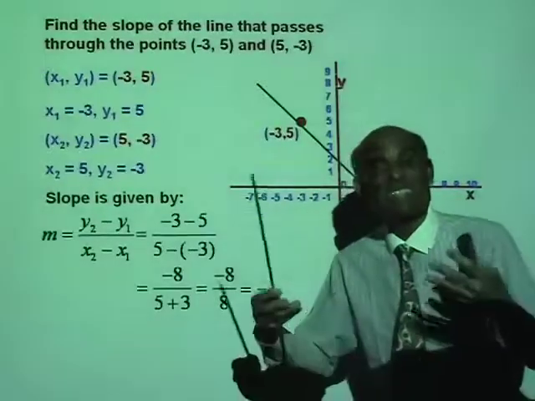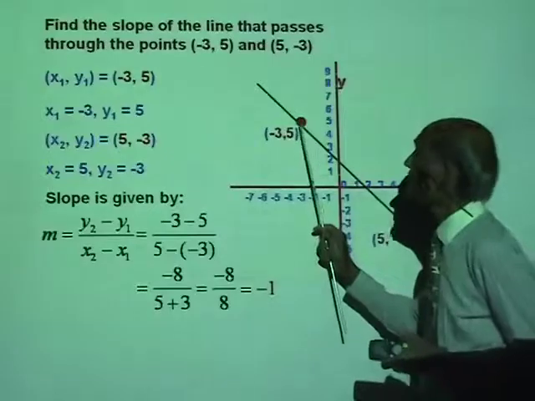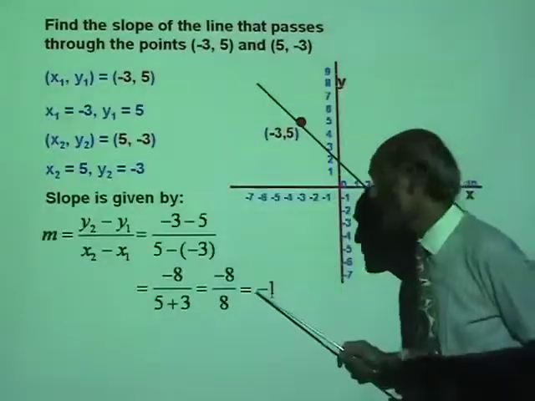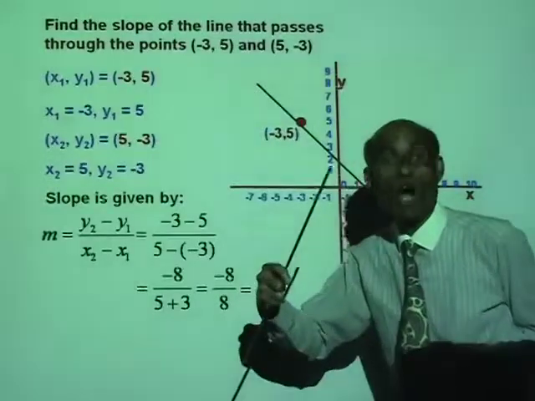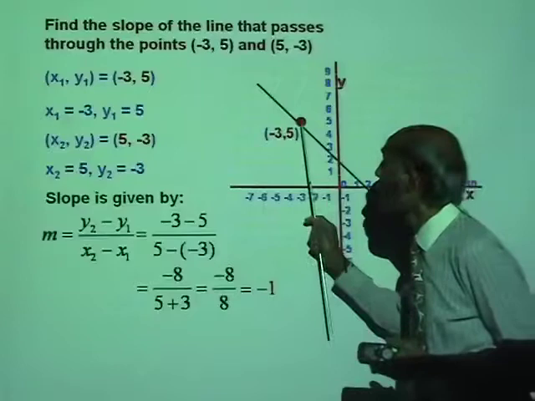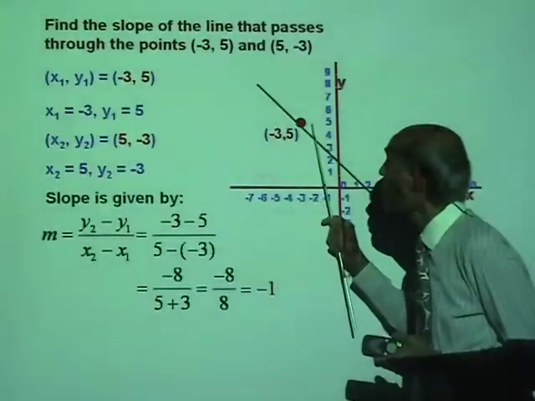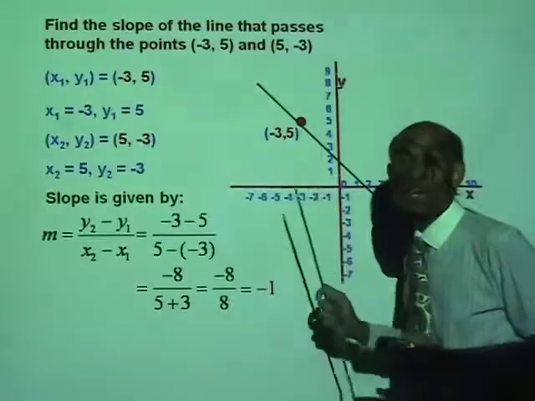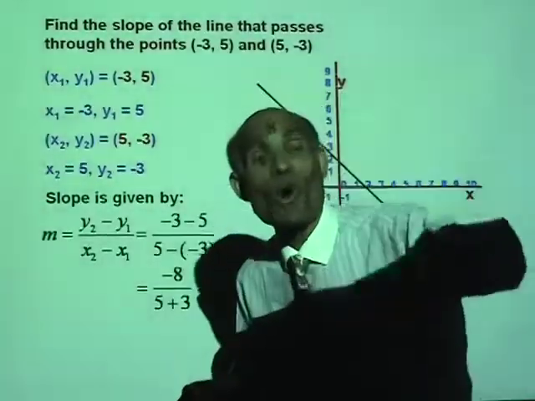The slope is a negative quantity. Now look at the graph here. What it tells you is that I can write -1 as -1 over 1. Is that right? It means when I walk 1 unit, in this case, in place of rise, you are falling.